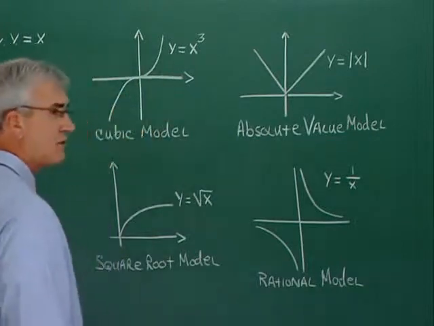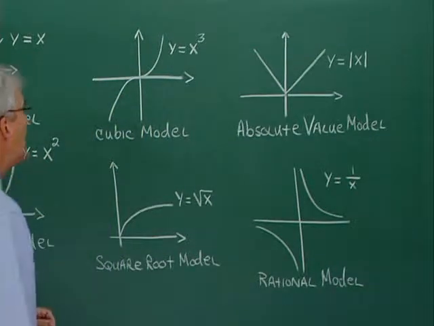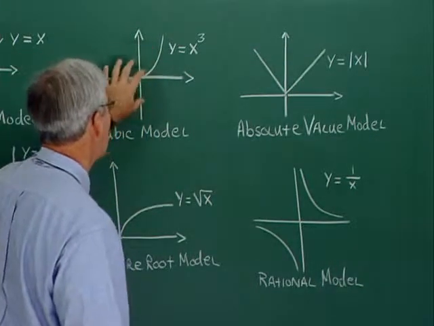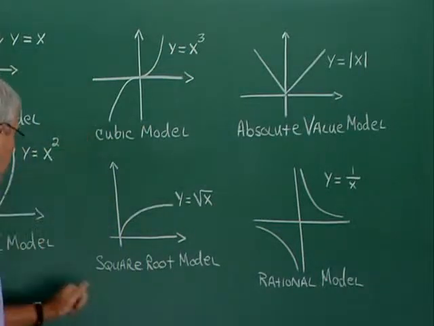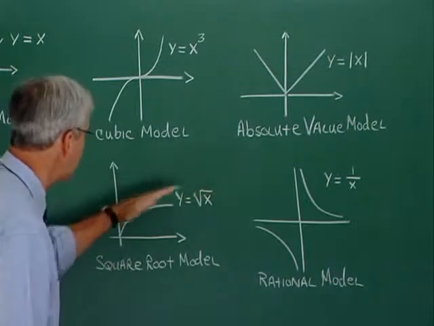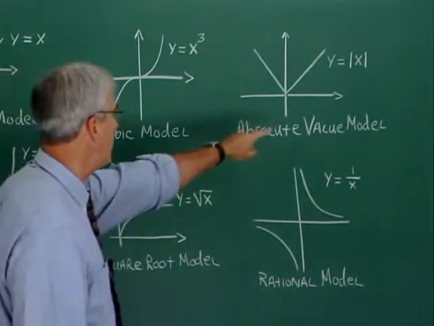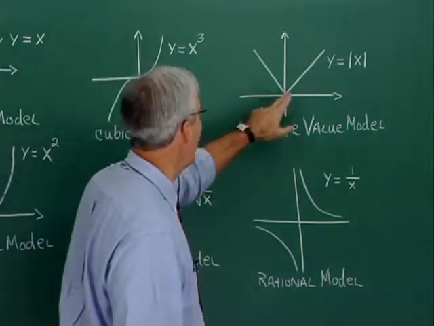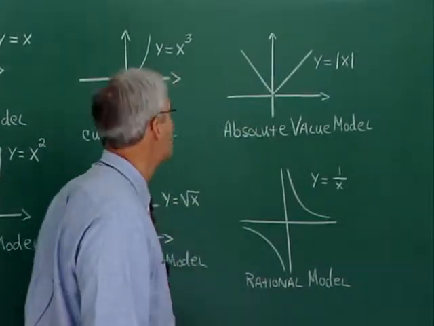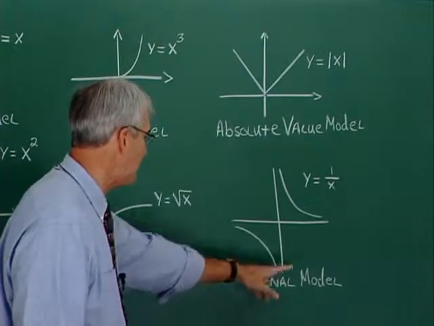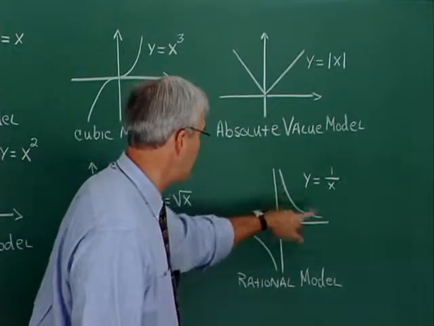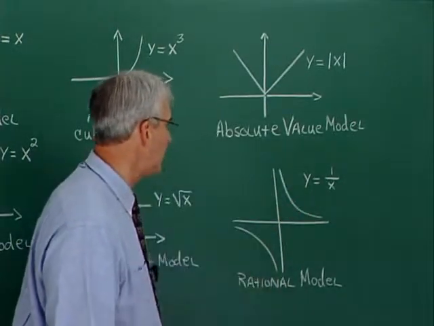They may be in other places on the graph, as we saw earlier, but there are two curves involved. Y equals x cubed is the graph that we see here, the cubic model. The square root model kind of has this behavior. The absolute value model tends to come to a point and then go off in another direction. And this is the graph of y equals the absolute value of x. And the rational model looks something like this. This is the graph of y equals 1 over x.